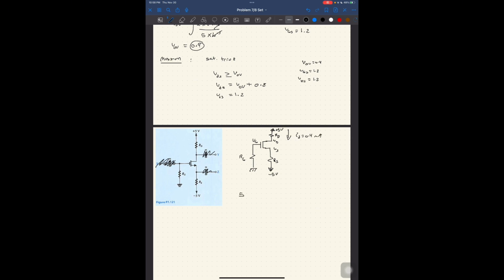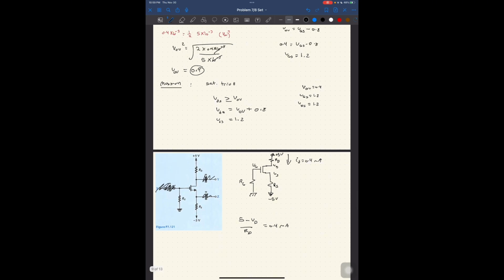So (5 minus VD) over RD has to equal 0.4 milliamps, right? Implying that, and VDS equals 1.2 volts. VGS equals 1.2 volts. VOV equals 0.4.